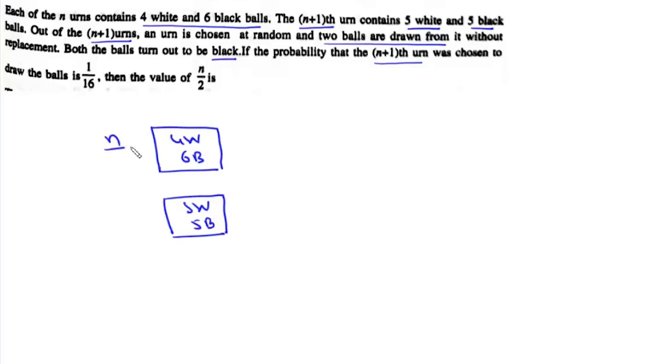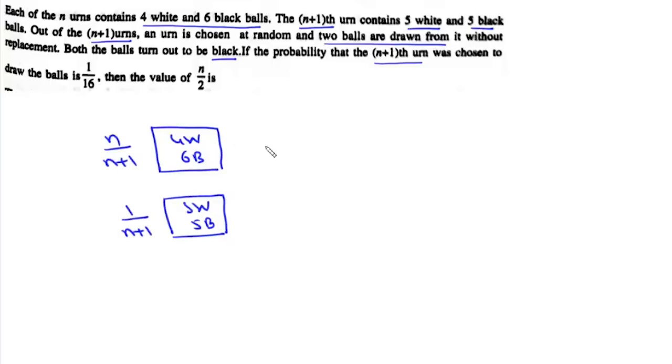Now either we can choose 2 balls from these n urns containing 4 white and 6 black, or we can choose these balls from this n plus 1th urn containing 5 white and 5 black balls. Now choosing this urn, the probability is n upon n plus 1, and here the probability is 1 upon n plus 1.